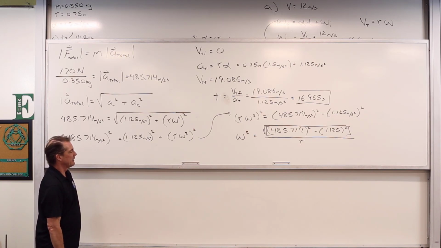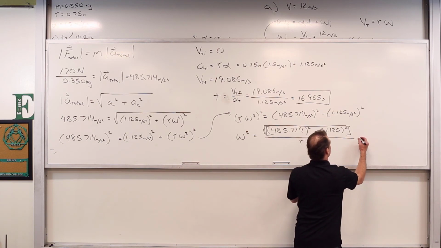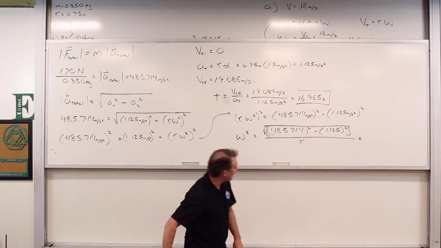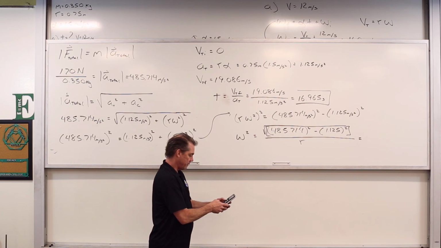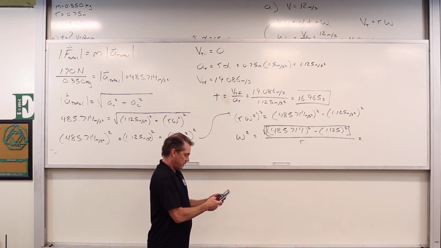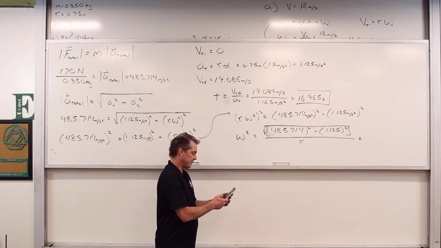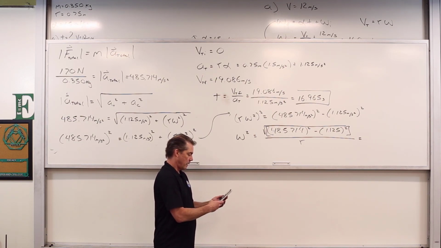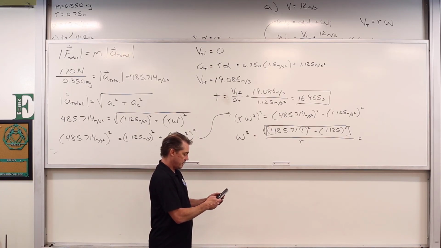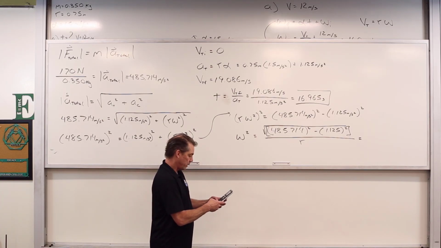I think that's going to be the easiest thing to do at this point, without too much craziness to put in the calculator. We've got the square root of 485.714 squared minus 1.125 squared, divided by 0.75.